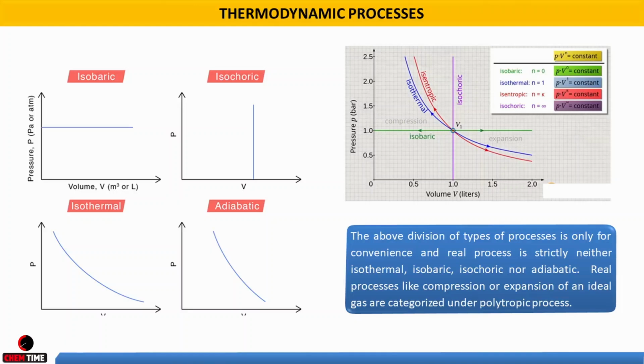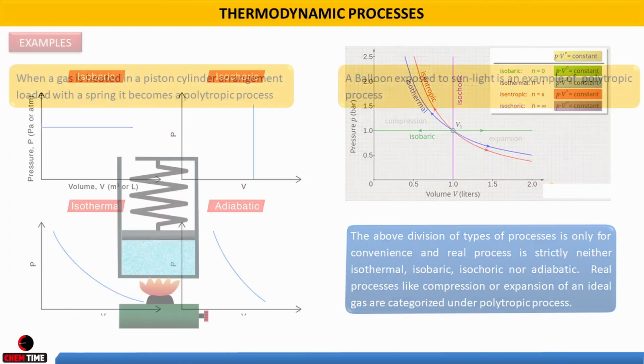Now, coming to the polytropic process, which is neither isothermal, nor isobaric, nor isochoric, nor adiabatic, most of the industrial examples fall into this category. For example, when a gas is compressed in a compressor, there are heat losses from the system to the surroundings, and this is a polytropic process.